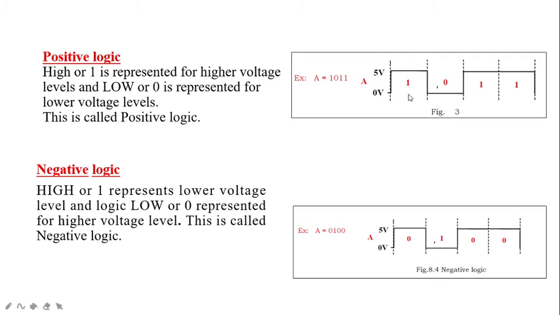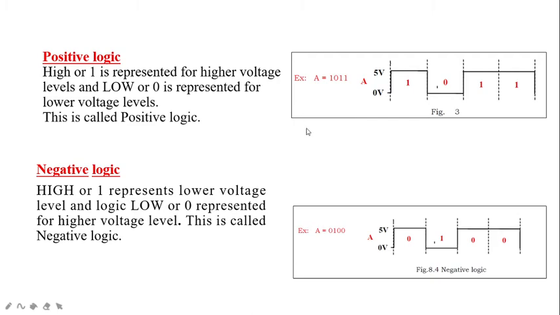A bit 0 represents 0 volts, that is a low state, and again there is 1 and 1, so it is represented as 1 0 1 1. So what is positive logic? Positive logic is that the high state is represented by a bit 1 and the low state is represented by a bit 0. Then coming to negative logic, the opposite or the contrary of positive logic is called negative logic.